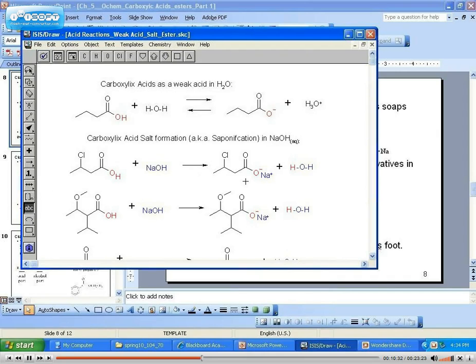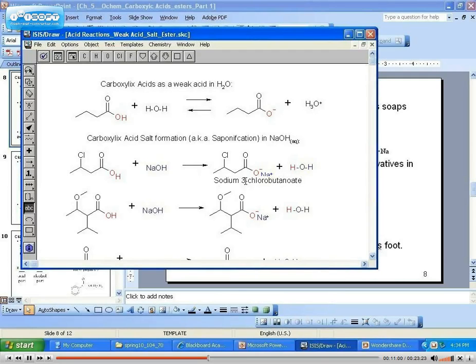But FYI, the name for this one is sodium 1, 2, 3, 4, 3-chloro-butanoate.